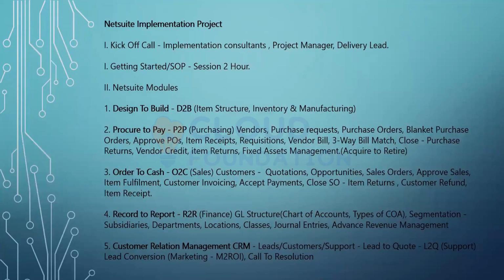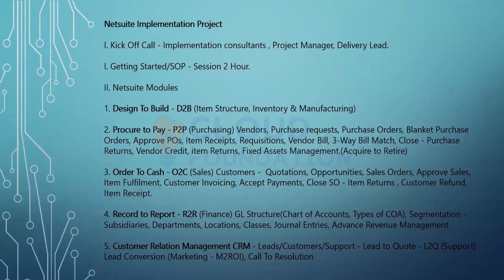Let us say on the first of every month I need 50 quantity of a certain item from a vendor. Then it automatically brings that purchase order into the system, or it'll just be a click away. You click it and the purchase order gets created. That is what a blanket purchase order is all about.